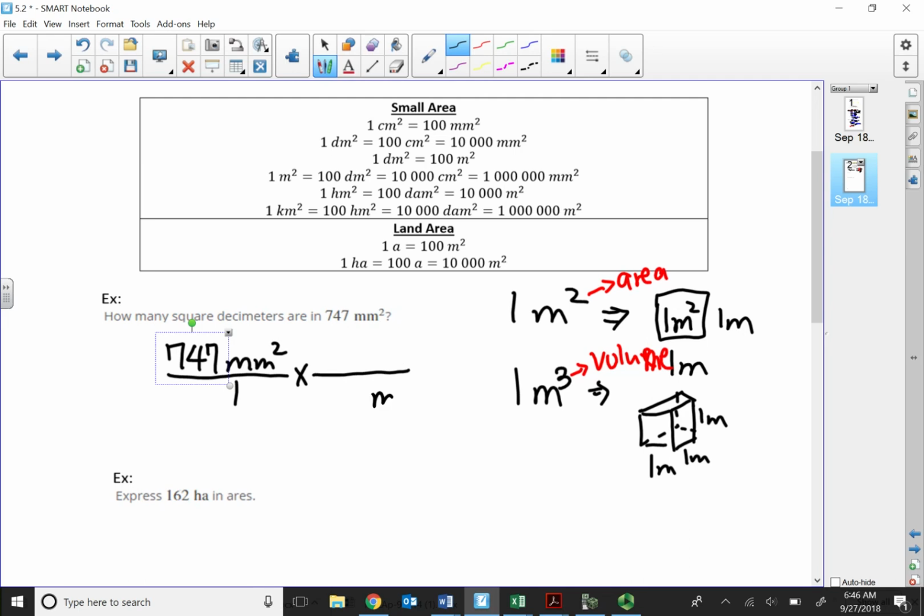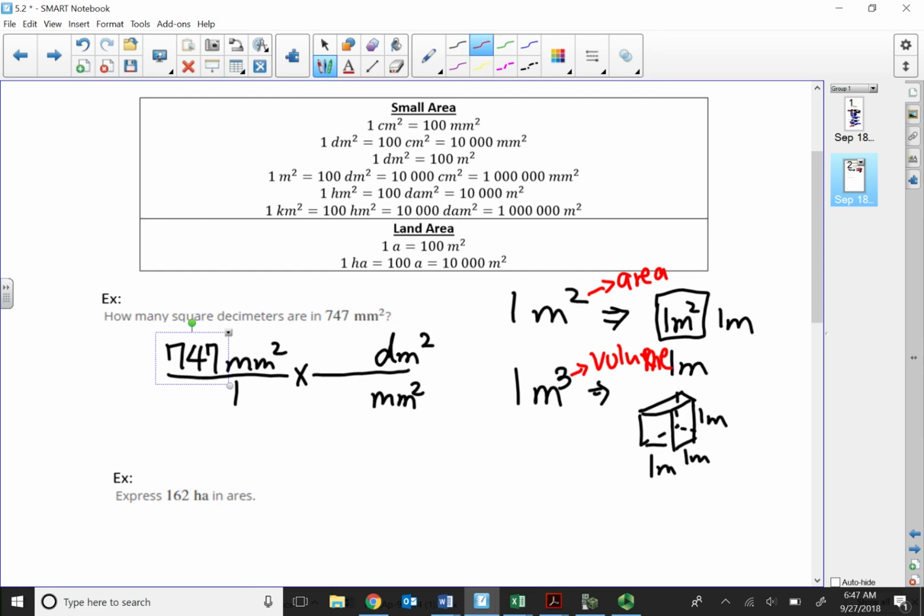Put my square millimeter down here. Let's find if we've got any conversion from square millimeter to square decimeter. Let's look for all millimeters up here. Let's see, dm squared right here. 1 square decimeter is equal to 10,000 square millimeters. So I can convert directly to square decimeters.